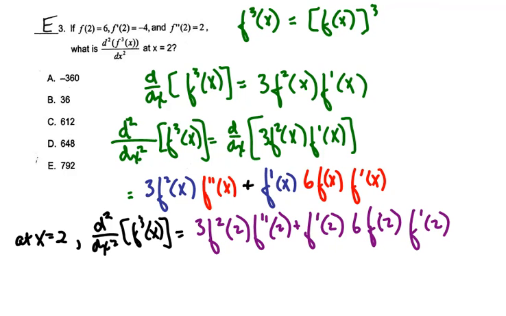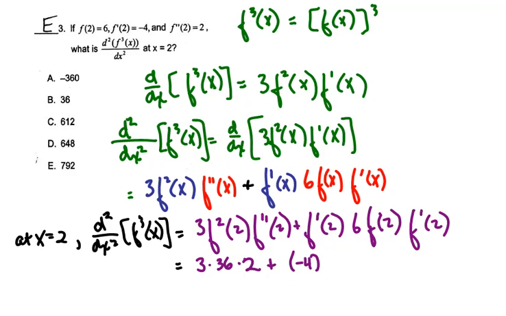Now, remembering that f squared of 2 really means f of 2 quantity squared, and you're given that f of 2 is 6, and 6 squared is 36. So you have 3 times 36, and the second derivative at 2 is 2. We're given that also. The first derivative at 2 is given to be negative 4.